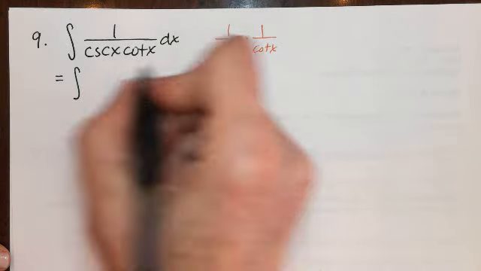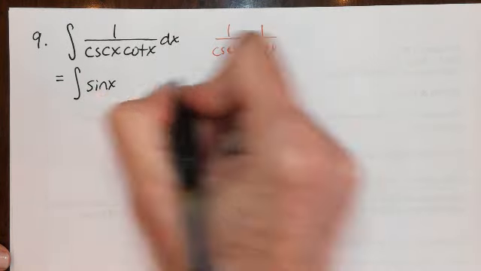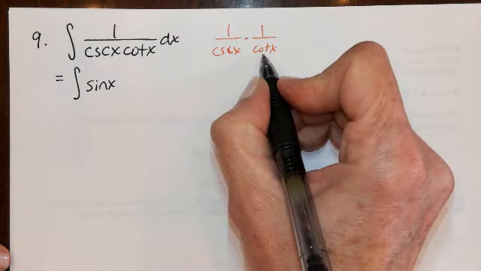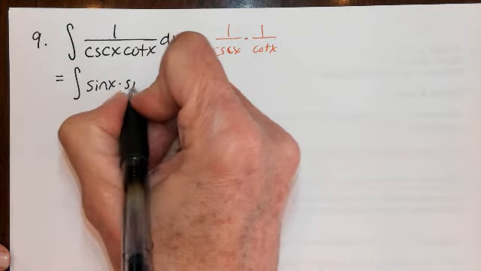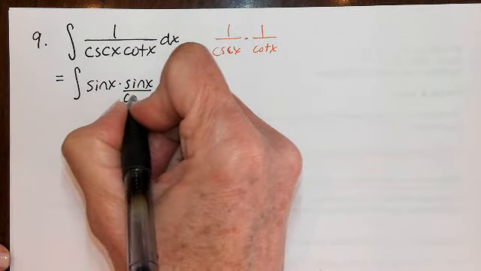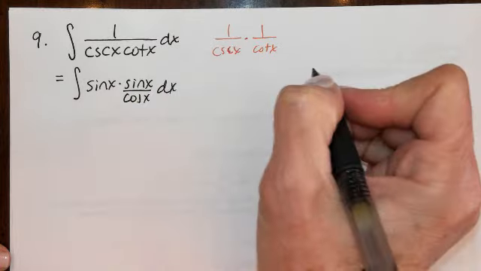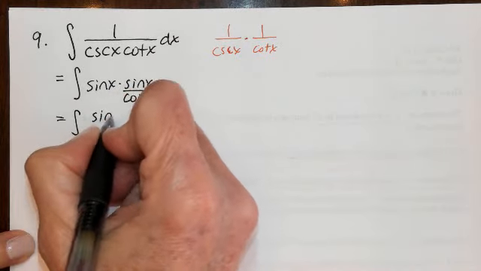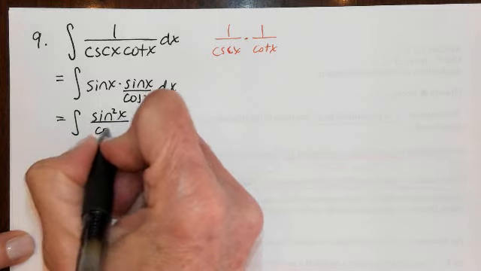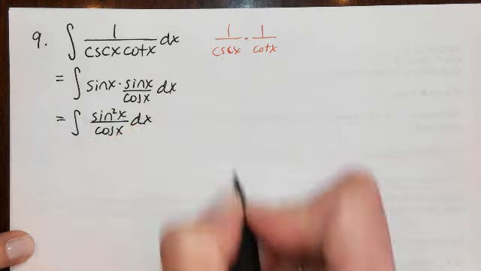So 1 over cosecant x is sine x, and then 1 over cotangent x is tangent x, which is sine x over cosine x, right? So we have here sine squared x over cosine x dx.